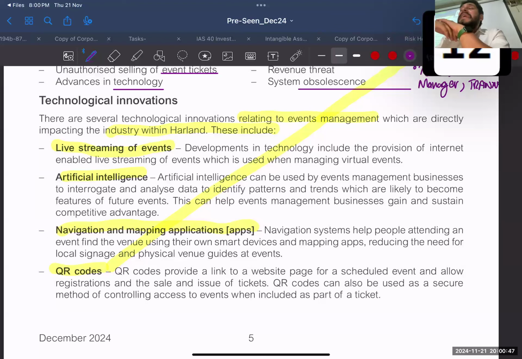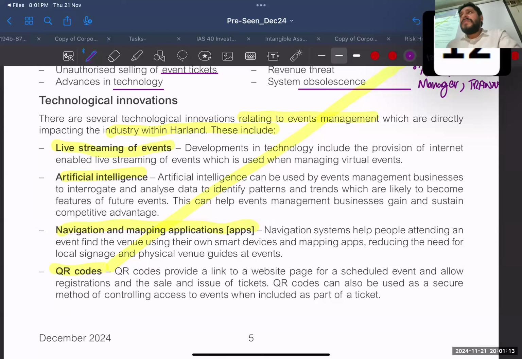But for big events like music concerts, there should be a navigating and a mapping application. Maybe the people are provided with a specific QR code in which they can have a map of where they will be standing in the music concert, or where the specific seat for the VIP guest is located, where the seat for the normal guest and where the seat for the mediocre guests are being given.